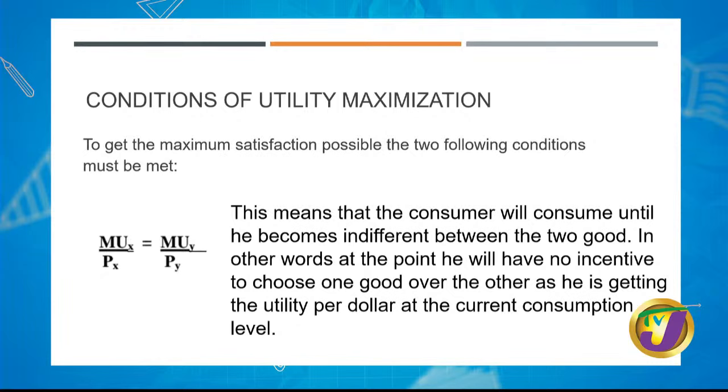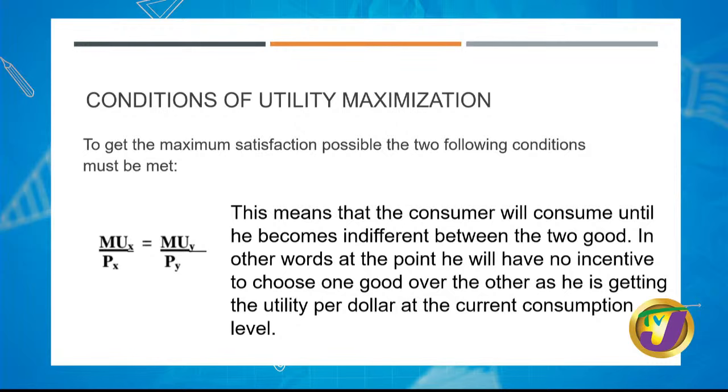And I did say earlier that what it means is that the consumer, when making the decision between 2 goods to make a purchase, is going to consume the good to a point in which they are indifferent. So initially, if you have 2 goods, their first purchase will be the good that gives them more satisfaction. Now, because there is a law of diminishing marginal utility, if you focus on purchasing one good, eventually you'll get less and less satisfaction.